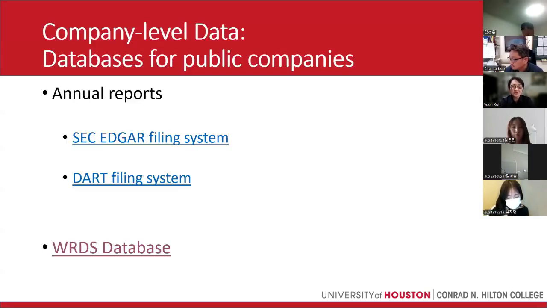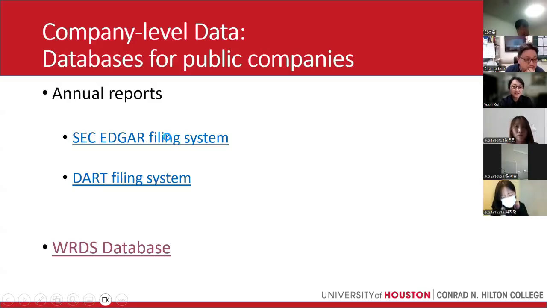So I want to share some data points that I've been using for my research, with some examples. I mentioned the annual report that public companies are required to submit. Those reports and their contents can be data points, and they can be used for research purposes as well.